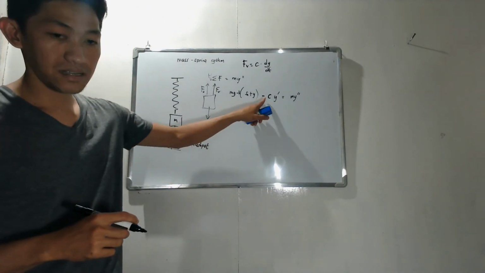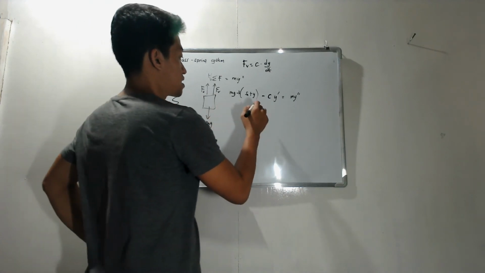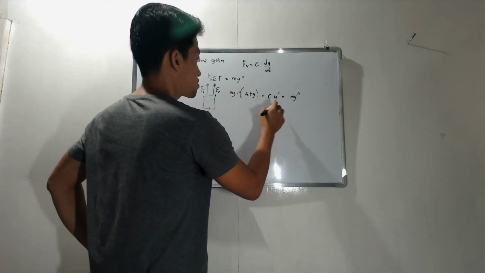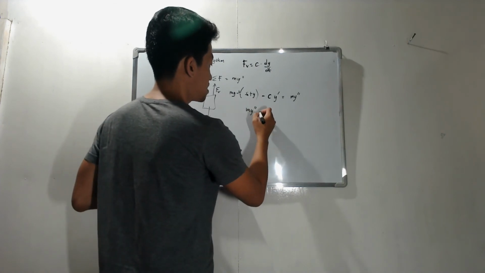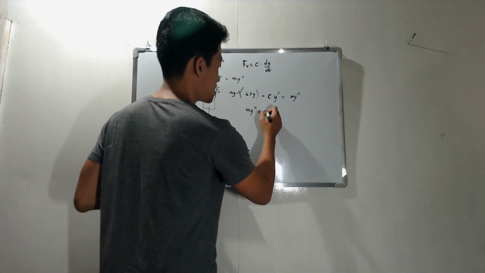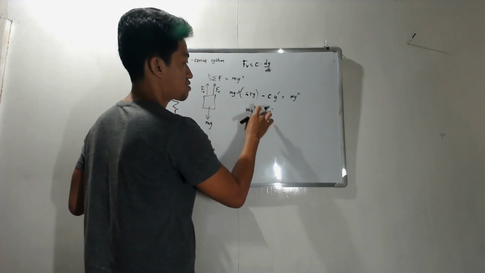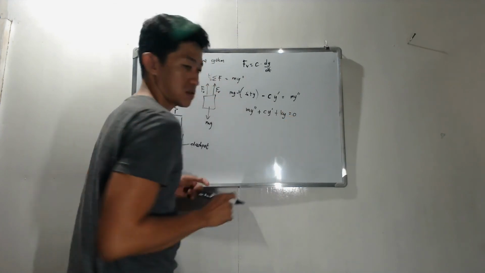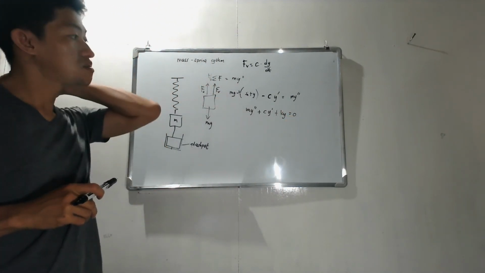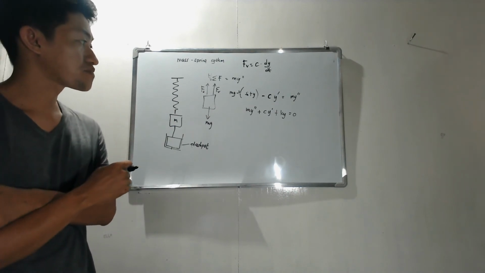You just add the force due to damping. Again, this will be cancelled out, so what remains is your equation: my double prime plus cy prime minus ky, so transpose it to the other side, becomes plus ky is equal to 0. That is now your equation.